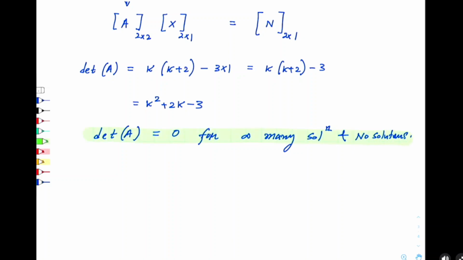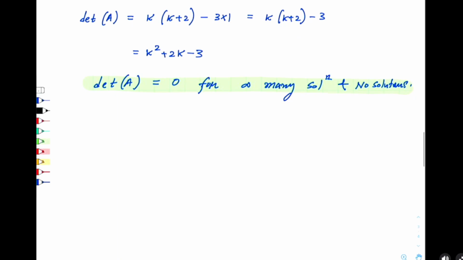You get a matrix here, you get the determinant, you equate that to 0, it's a condition. If you equate that to 0, this condition will give you the k values where you have infinitely many solutions and no solutions, right? So now what you do, k squared plus 2k minus 3 is equal to 0.